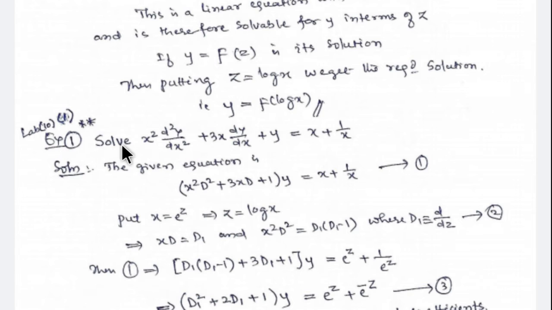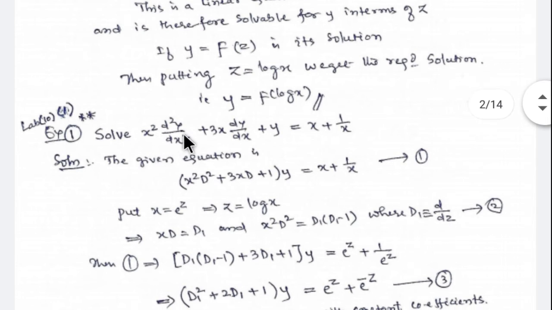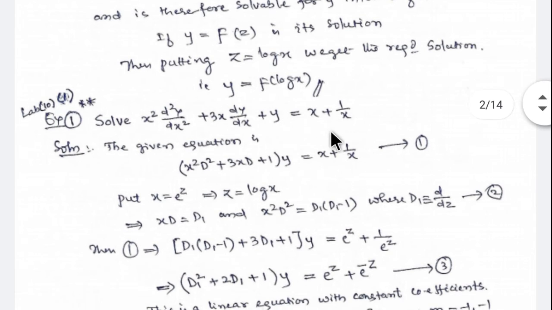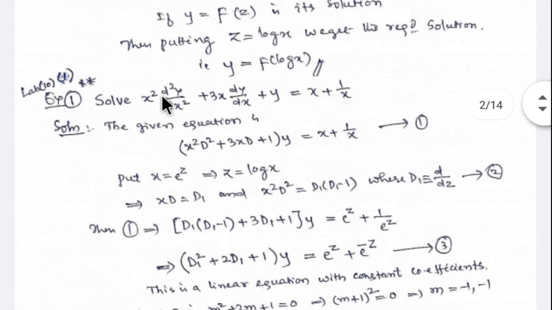Okay, you can discuss this by using an example. Example 1: solve x square d2y by dx2 plus 3x dy by dx plus y is equal to x plus 1 by x. This is a second order homogeneous linear equation, or Cauchy-Euler differential equation. You see that x square into d2y by dx2, 3, and 1 are constants.